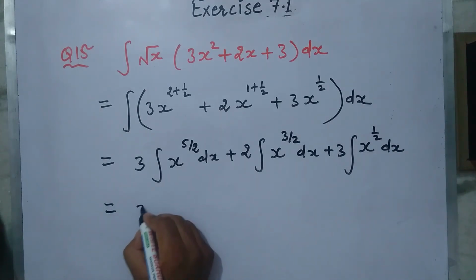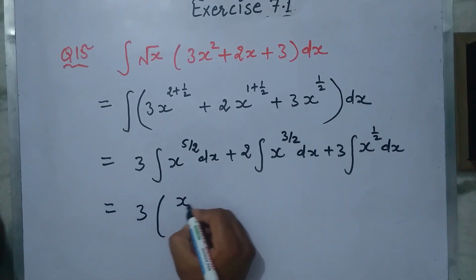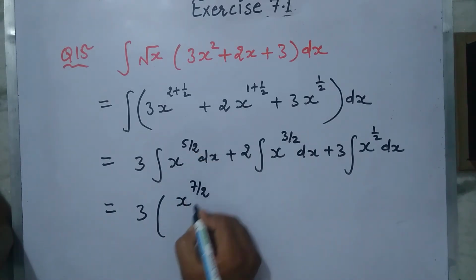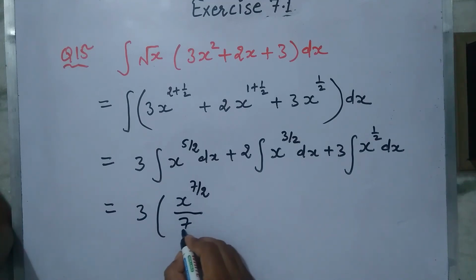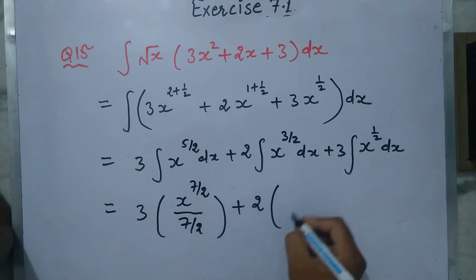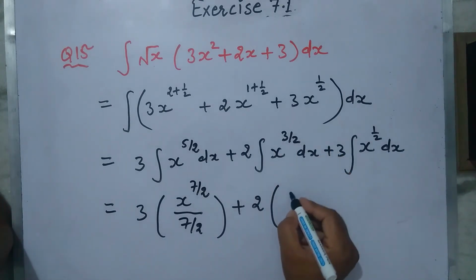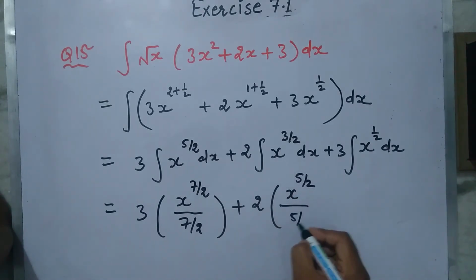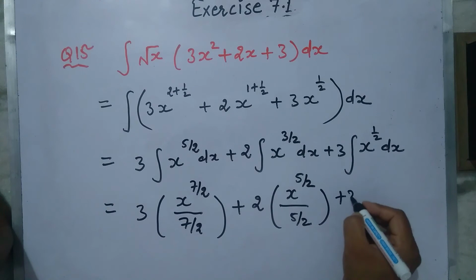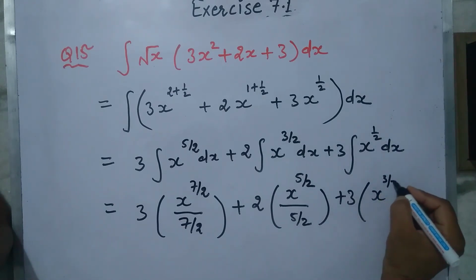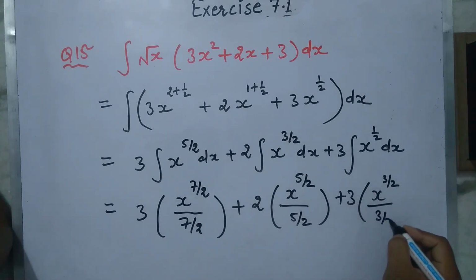So answer is 3 into x power 5 by 2 plus 1, 7 upon 2, whole divide 7 upon 2, plus 2 integration x power 3 upon 2, x power 5 upon 2 upon 5 upon 2, plus 3 into x raised to power 1 by 2 plus 1, 3 by 2 upon 3 by 2 plus c, the constant of integration.